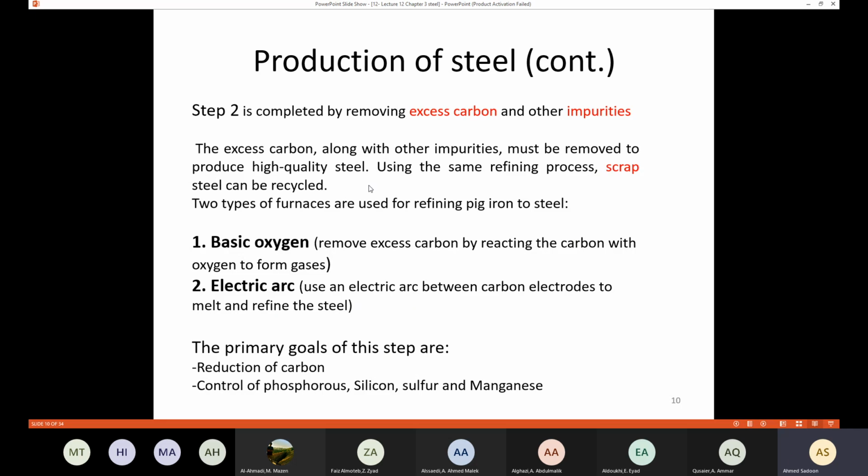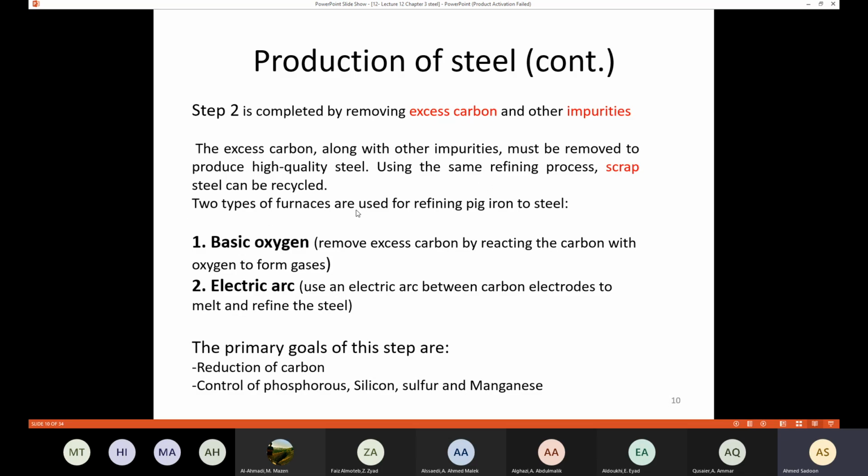So in order to produce high quality steel, you need to remove the excess carbon and also the impurities. And the same process could be used for scrap in order for the steel to be recycled. Scrap is the remaining of the steel. So the same process could be used for scrap for recycling processes.